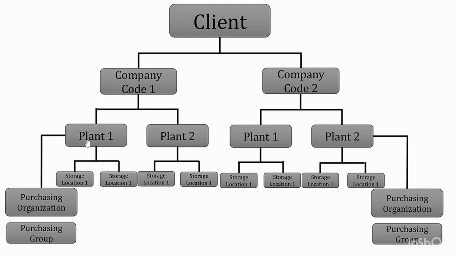Now, why do we have a purchasing organization? Let us take a layman example. You are in a family. Suppose you are a kid and the only earning person in your house is your dad. So your dad will be the purchasing organization, as in he will be the one responsible for all the purchases that are done in your family.